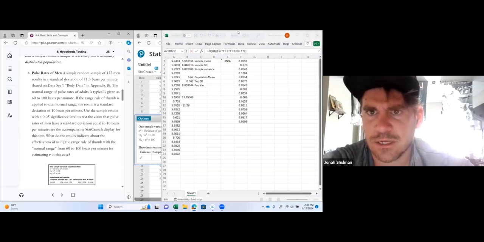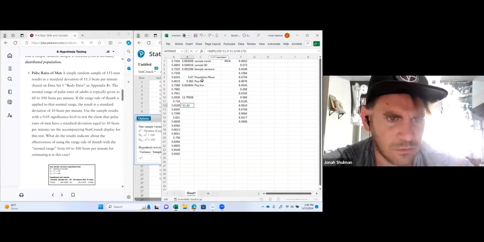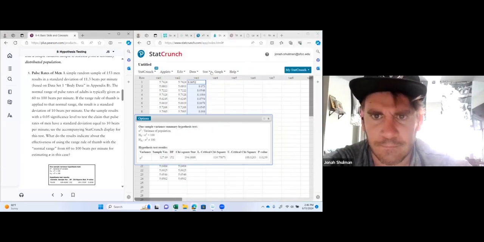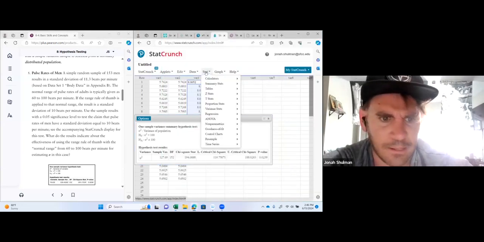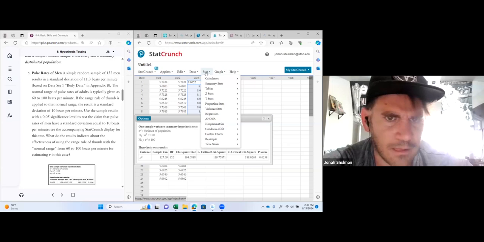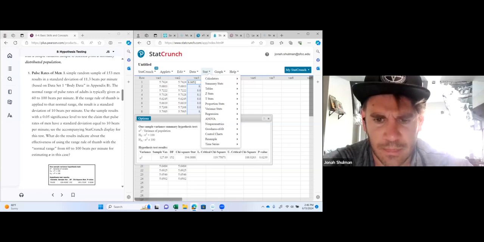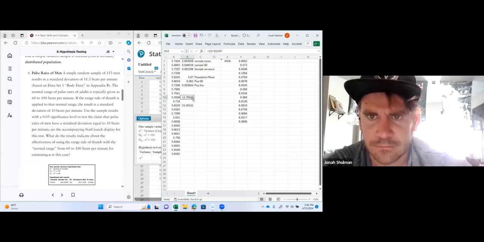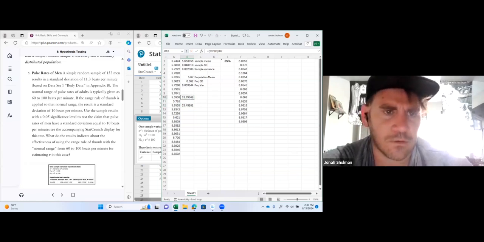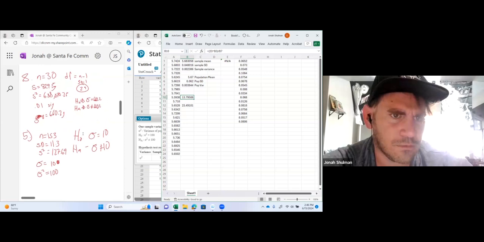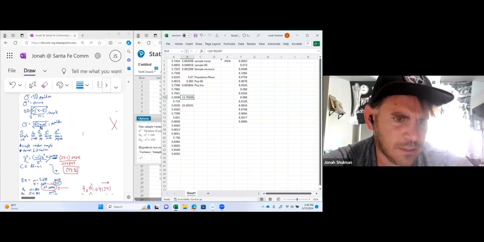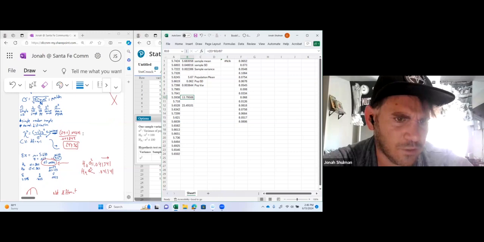So we need to get that chi-squared value for 153. N minus 1 over S squared over sigma squared.